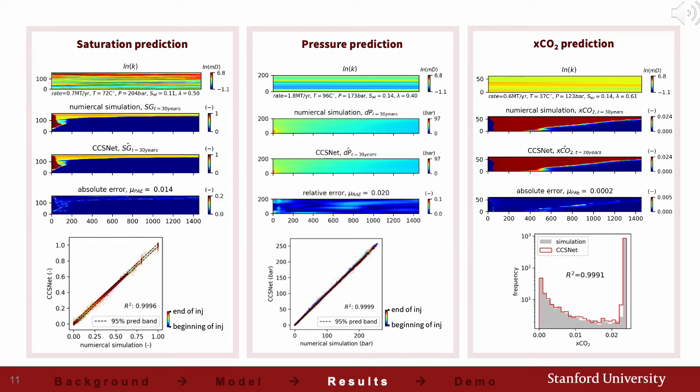At the leading edge of the plume, there is also a small area where the dissolved CO2 migrates in advance of the plume, and that forms this colorful band at the edge of the plume on the right-hand side. Although this behavior is a little bit different from the saturation and pressure, the model still manages to predict very accurate results.